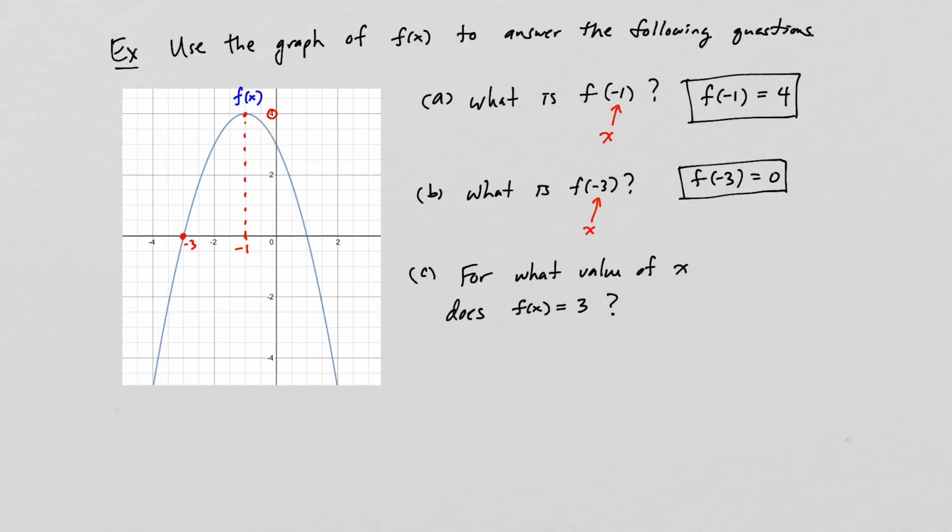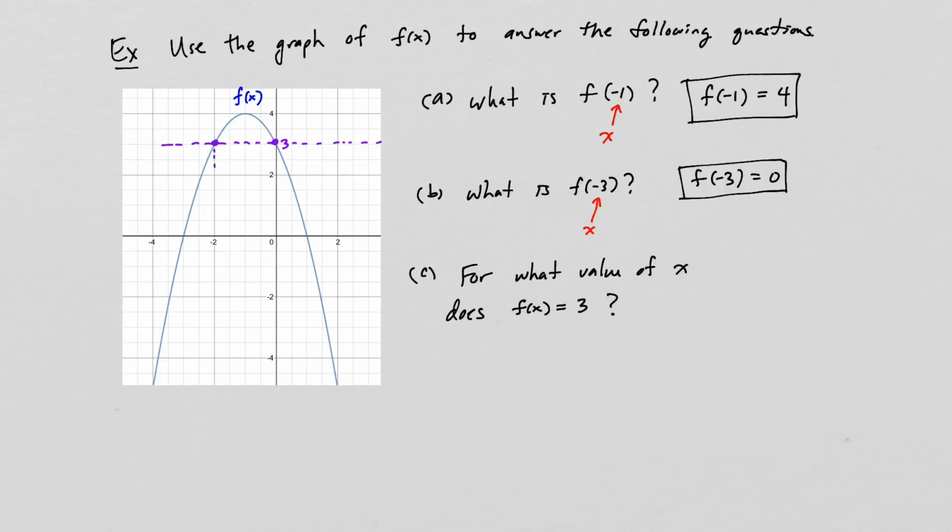So to do that, what I'm going to do is go to the y-axis, and I'm going to find out where y equals 3, which is right here. And notice that the graph actually has 2 locations where y equals 3. And so what is the value of x that corresponds to y equals 3?